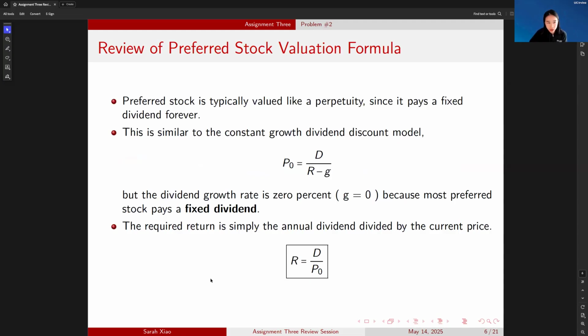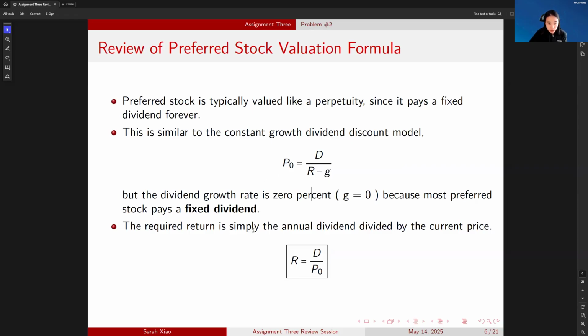Before solving the question, I want to quickly review the preferred stock valuation formula. As a reminder, preferred stock is typically valued like a perpetuity because it pays a fixed dividend forever. This is similar to the constant growth dividend discount model. Here we have the price equal to the dividend amount divided by the required return minus the dividend growth rate.